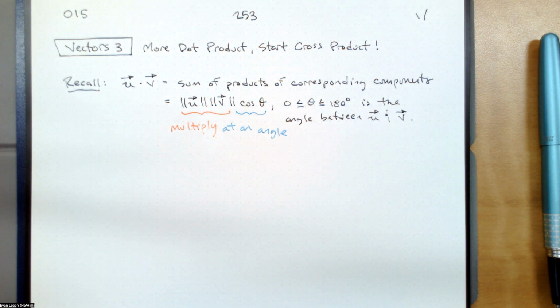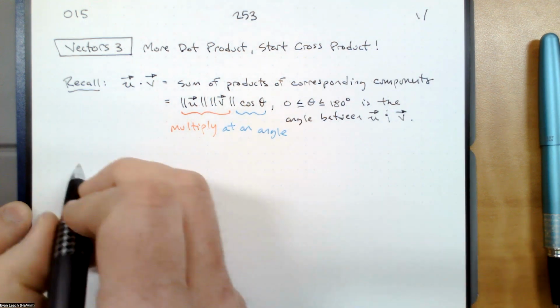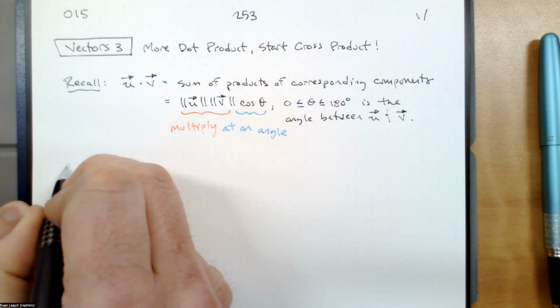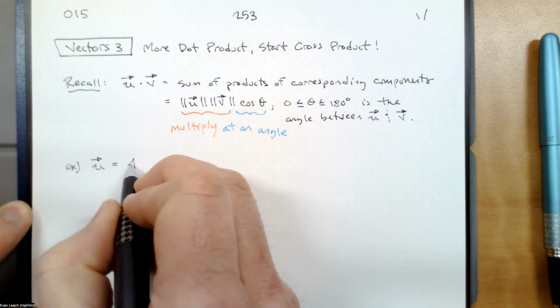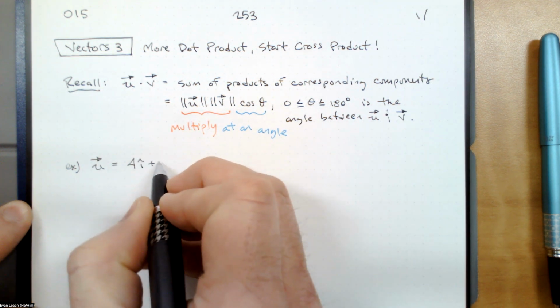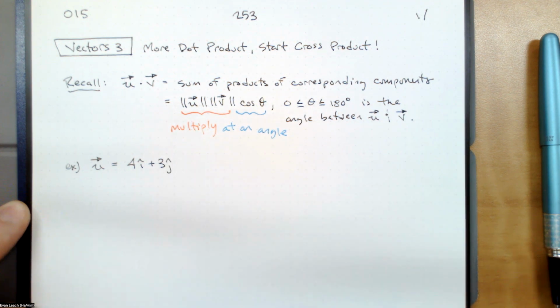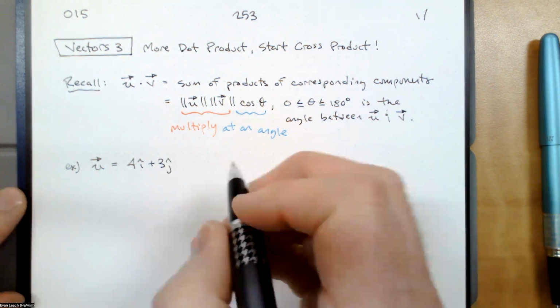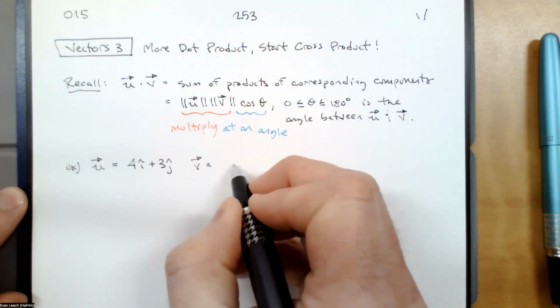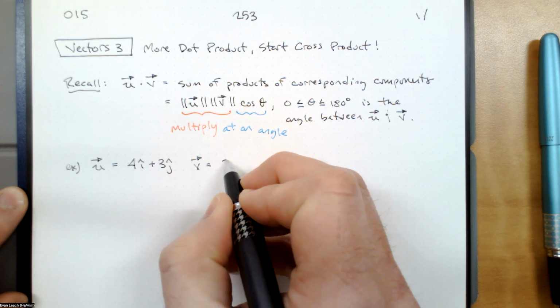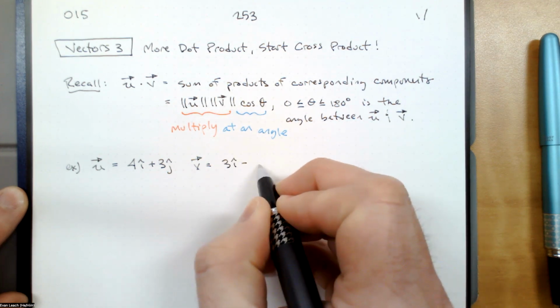So we had some vectors yesterday. The vector u was 4i plus 3j. The vector v was 3i minus 4j.